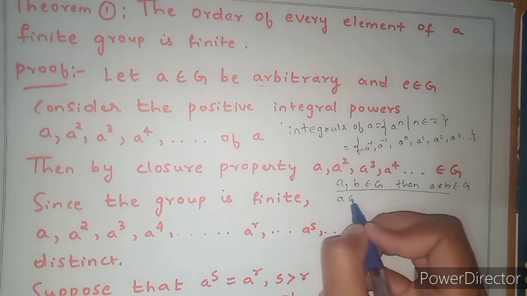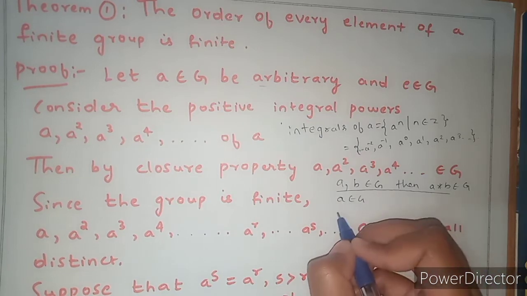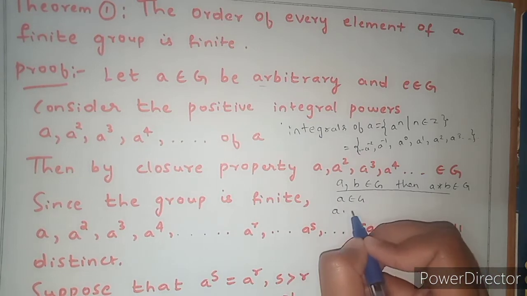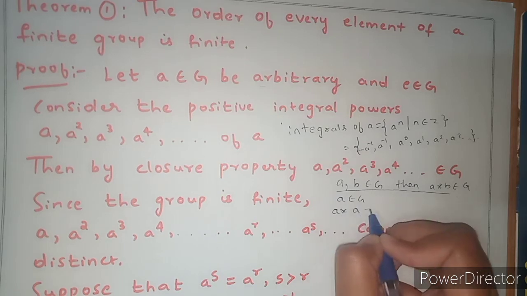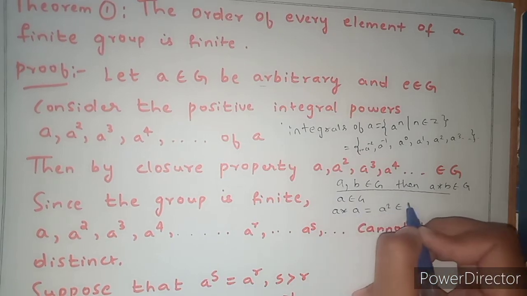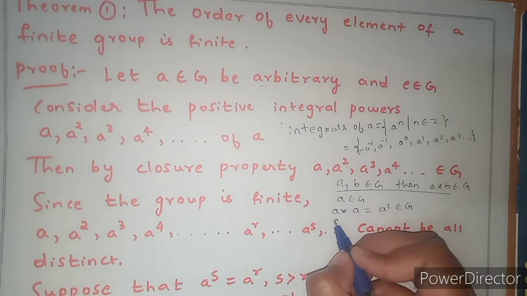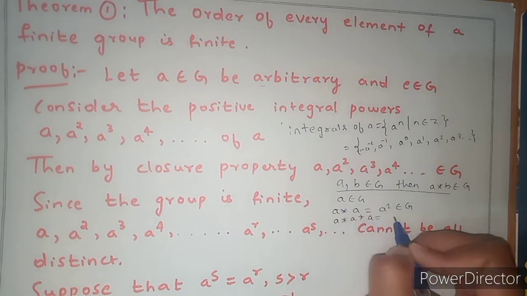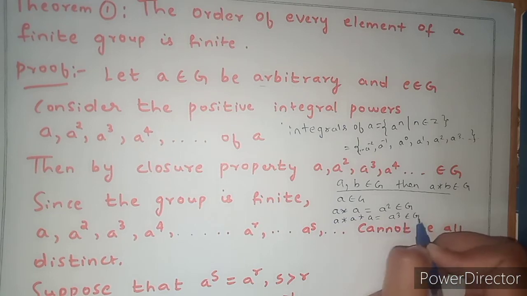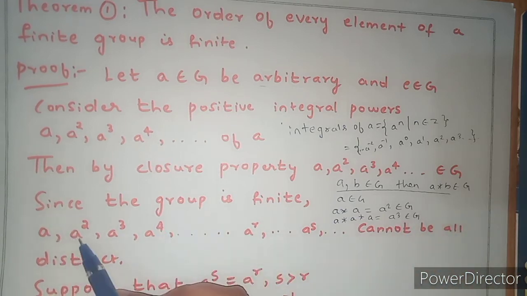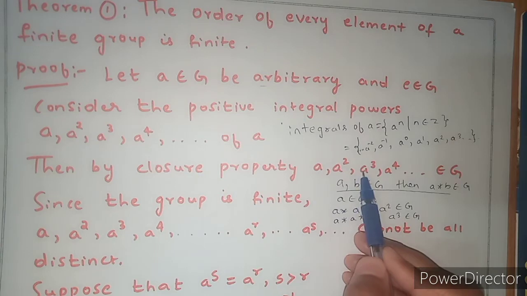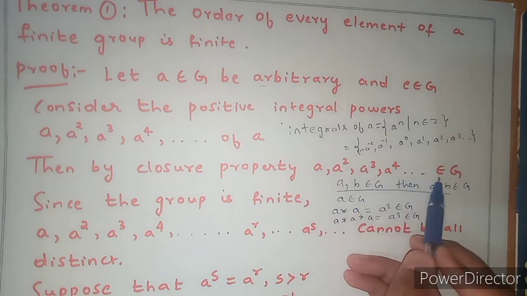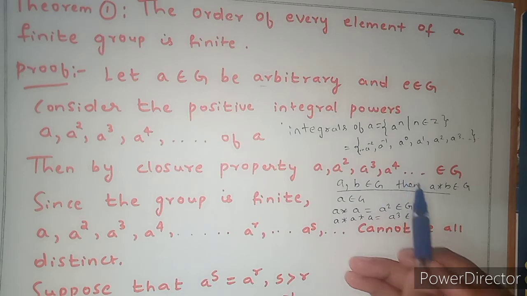Likewise, if a belongs to G, then a star a, which equals a^2, also belongs to G. Likewise, a^2 star a equals a^3 also belongs to G. So a^2, a^3, a^4 and so on also belong to G. So this is the closure property.